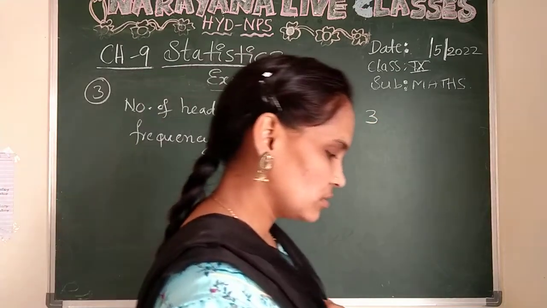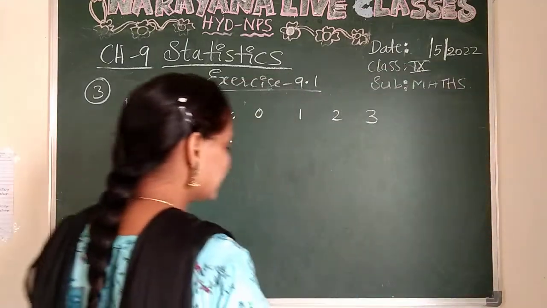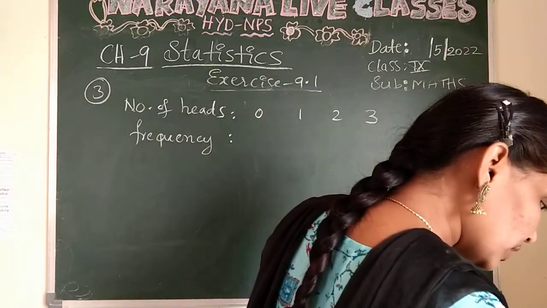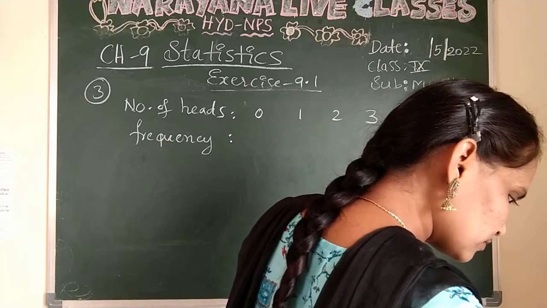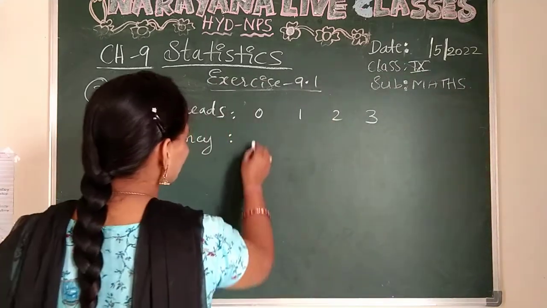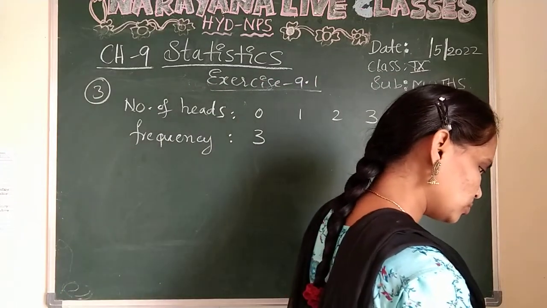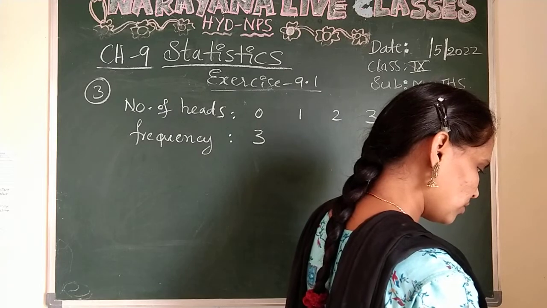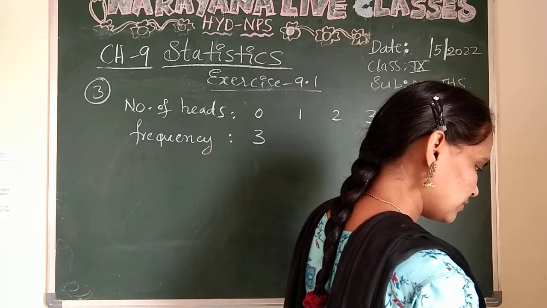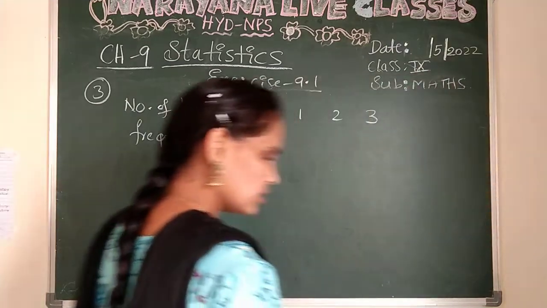0 means no heads. Okay. So here 3 times are there. 0 is 3 times. So 3. 1, how many times should we count? 1, 2, 3, 4, 5, 6, 7, 8, 9 and 10. One more.